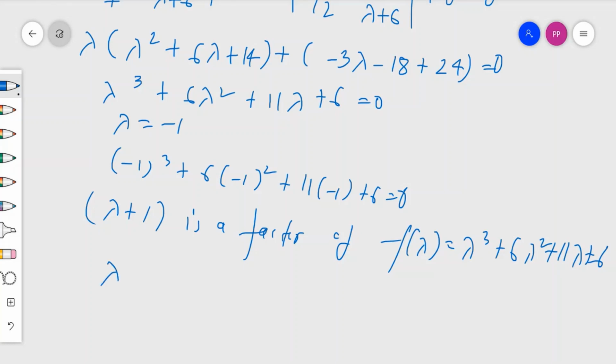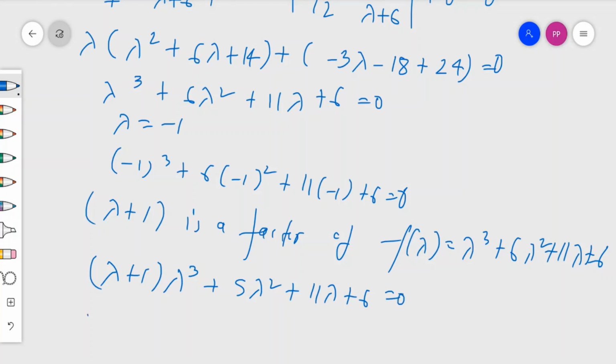Now, I factorize it taking lambda plus 1 from lambda cube. So minus lambda square will come out. I am adding that to 6 lambda square, it will become 5 lambda square plus 11 lambda plus 6 equal to 0.